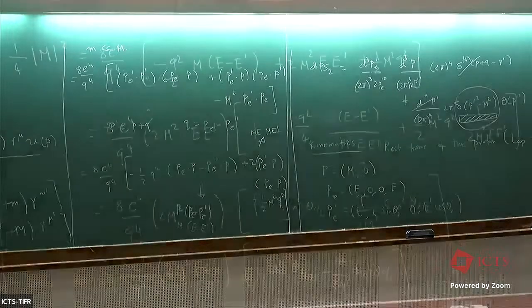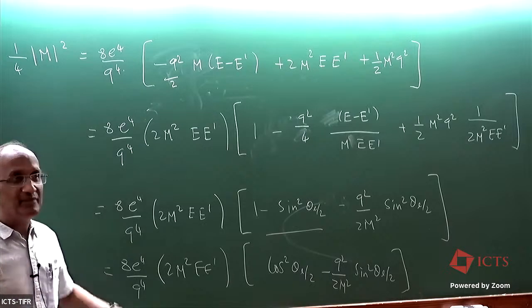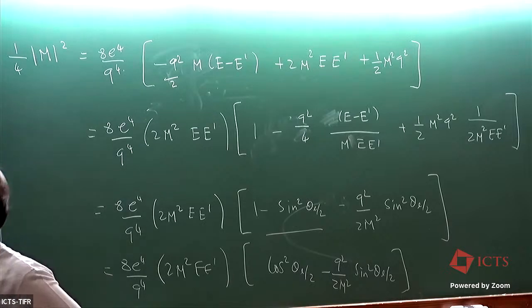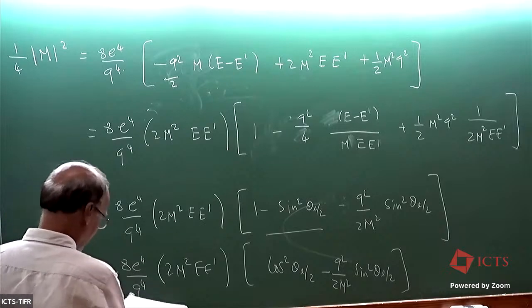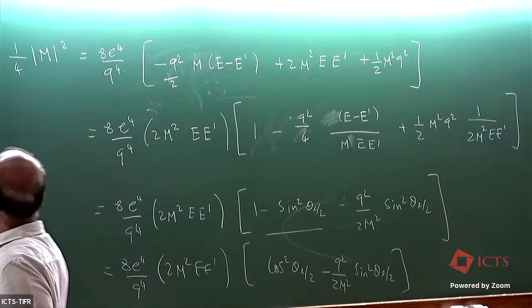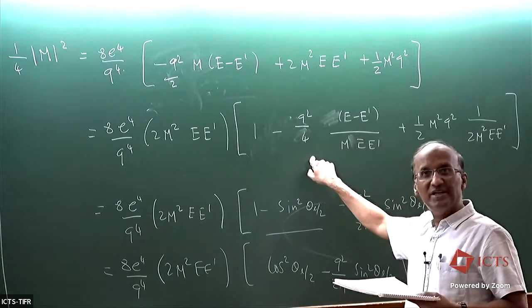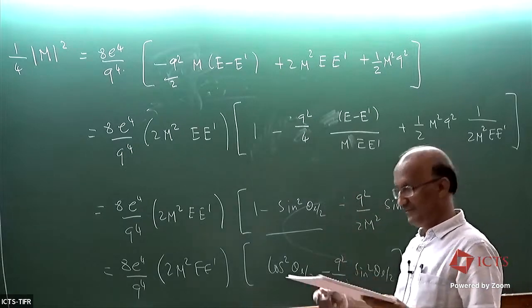Okay, so now I have a phase space part ready, and I have this matrix element square ready, and then there is an overall flux factor. So put everything in this expression. If you are not clear about this step, we can do it during the tutorial, whenever we get time.